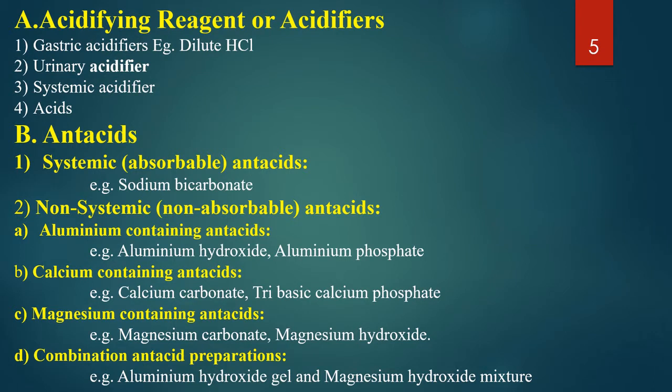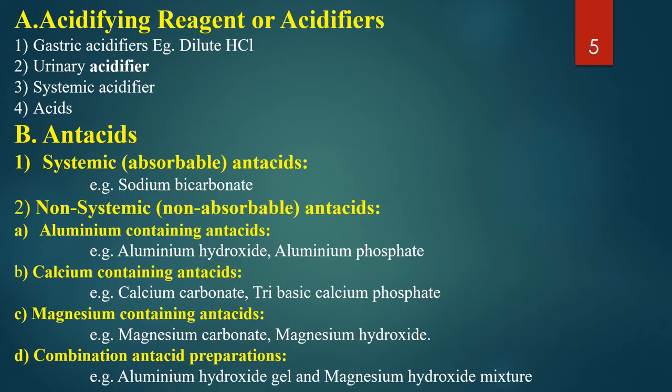Acidifying reagents or acidifiers include gastric acidifiers, urinary acidifiers, systemic acidifiers, as well as acids. Antacids may include systemic or absorbable antacids, example sodium bicarbonate. Non-systemic or non-absorbable antacids are further categorized into aluminum-containing antacids and calcium-containing antacids.